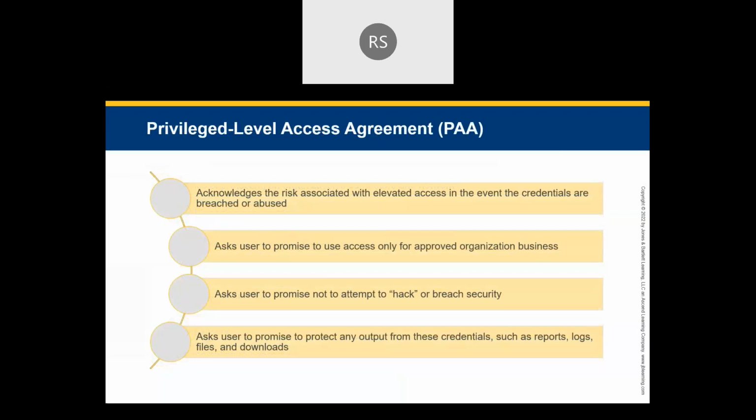It emphasizes the importance of safeguarding these access credentials and the potential impact if they're breached or misused. The PAA also requires users to acknowledge and agree to use their privileged access solely for approved organizational business purposes.